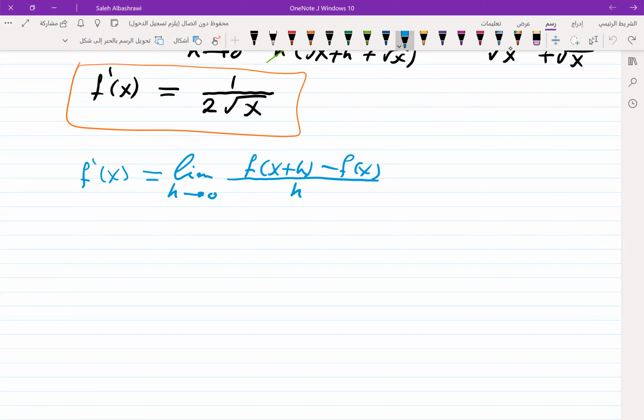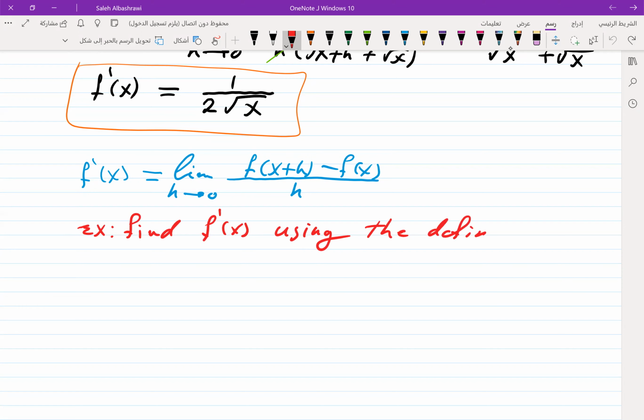In this part also we are going to give more examples and we need to find the derivative using the definition. Find f prime of the function using the definition, or the first principle.